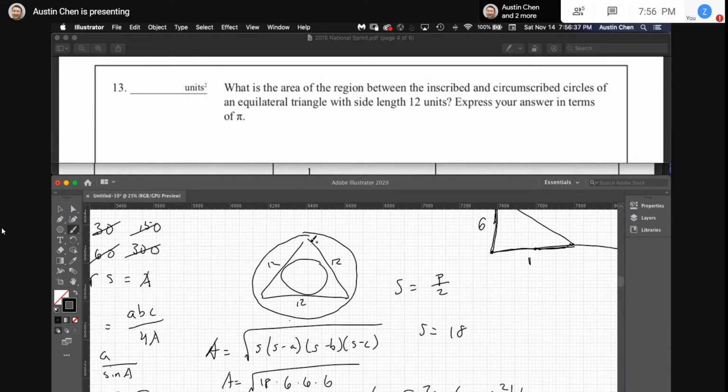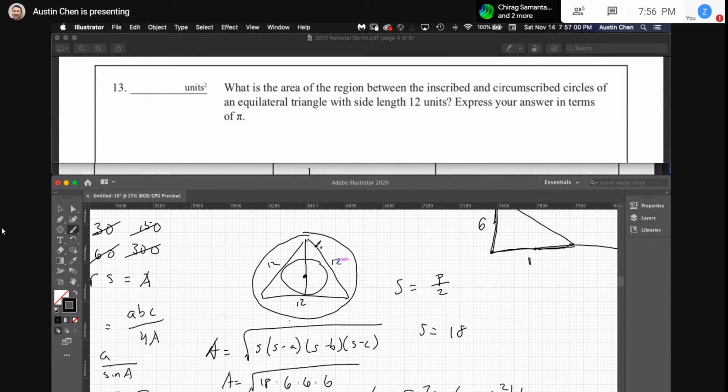Sure. So we know that the incenter has to be on the angle bisectors of the triangle, right? So basically we can form a triangle here.